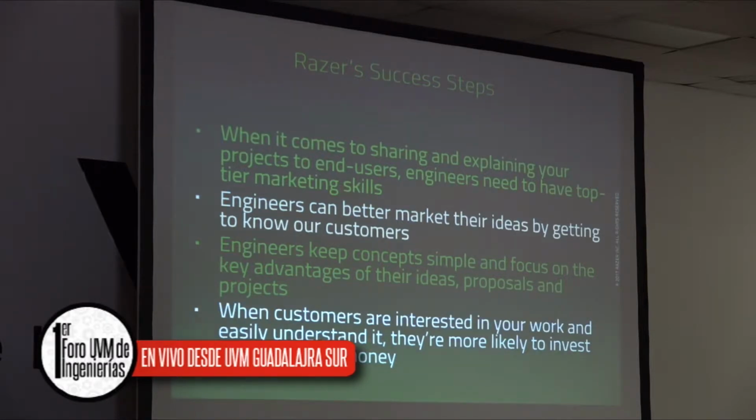So engineers can better market their ideas by getting to know their customers. Engineers can keep concepts simple and focus on key advantages of their ideas, proposals, and projects. When customers are interested in your work and can easily understand it, they're more likely to invest their money.